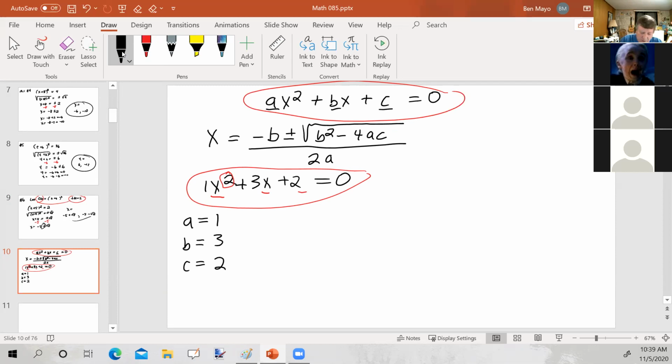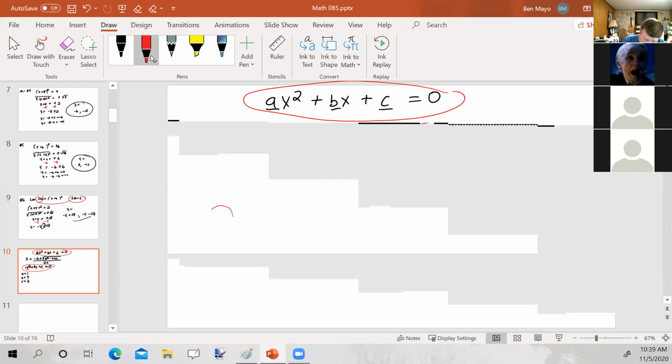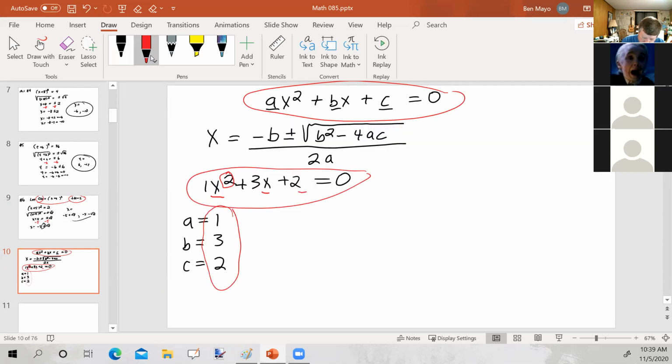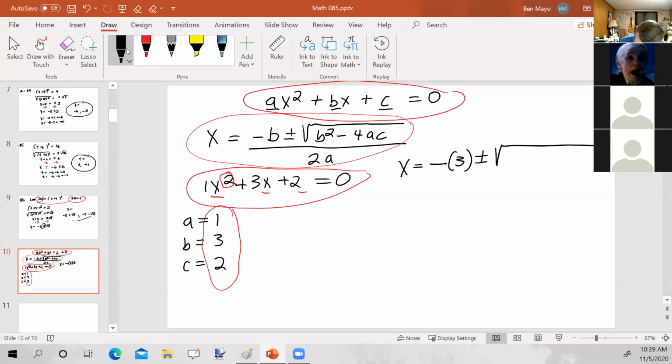All right, so now I'm going to take these numbers and put them into this formula in the correct places. So x equals -b plus or minus the square root of b squared minus 4ac all over 2a.